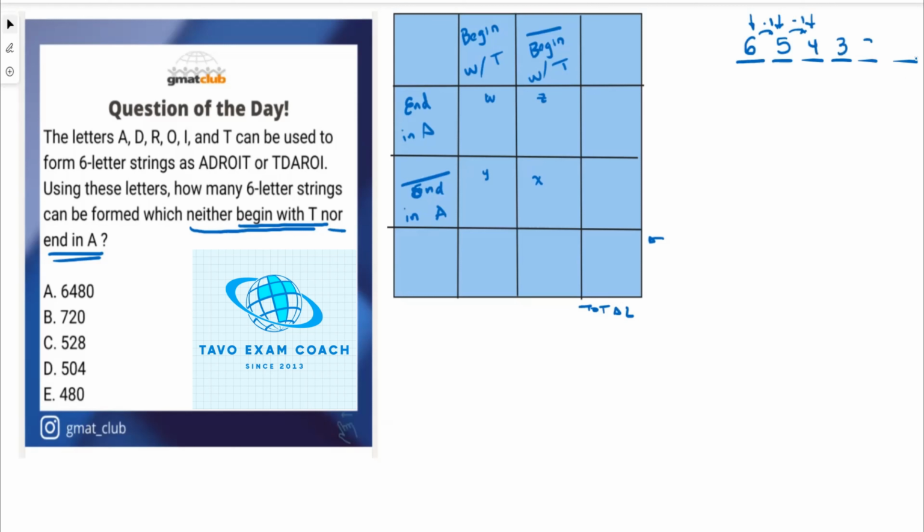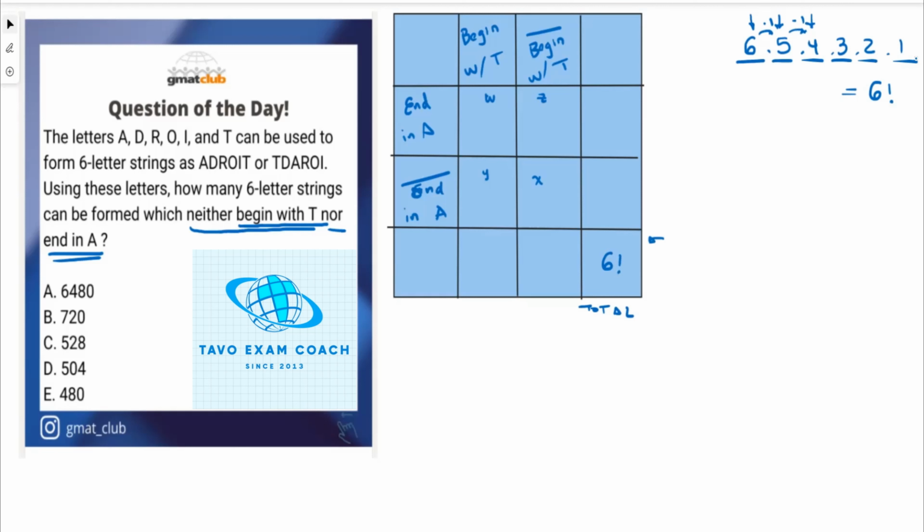And so we'll have this. Multiplying the numbers of options for the individual positions will give us the total number of six-letter strings possible, which will be 6 factorial. So let's place here this value, the total number of six-letter strings.